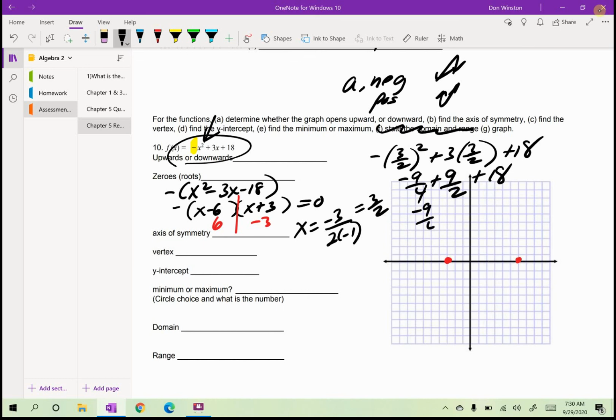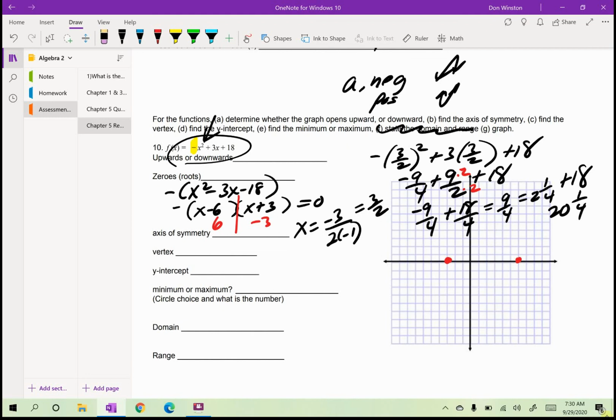So negative 9/4, then I have to multiply this by 2, so that would be plus 18/4. Negative 9 plus 18 is 9/4. So what is that? 2 1/4. And then I have to add 18, so this would be 20 1/4.